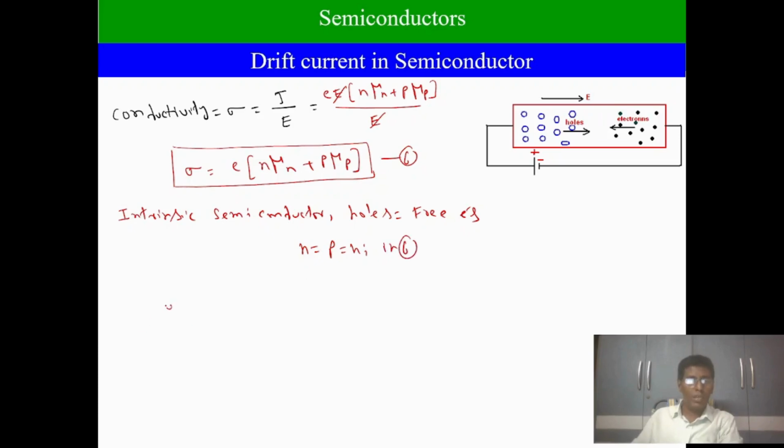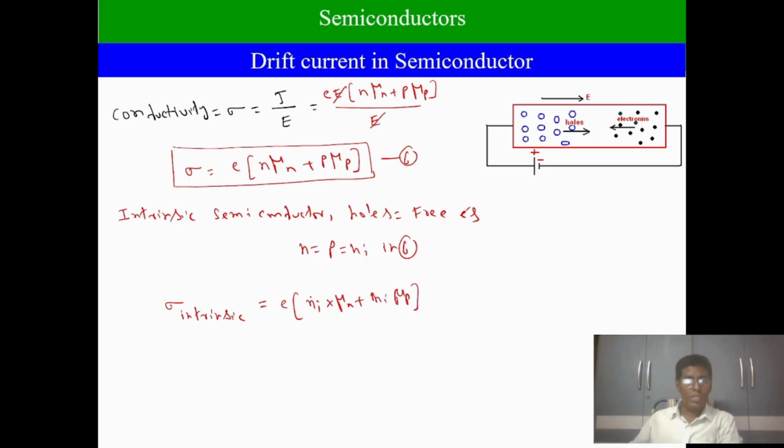What can I get? Sigma intrinsic. Now I need the equation for the conductivity of the semiconductor because of the drift process. Sigma intrinsic is equal to, in equation number 6, in place of n substitute ni into mu n, plus in the case of p also substitute ni into mu p.